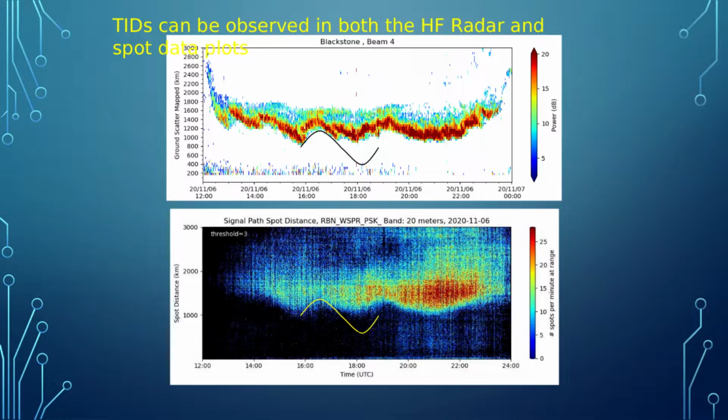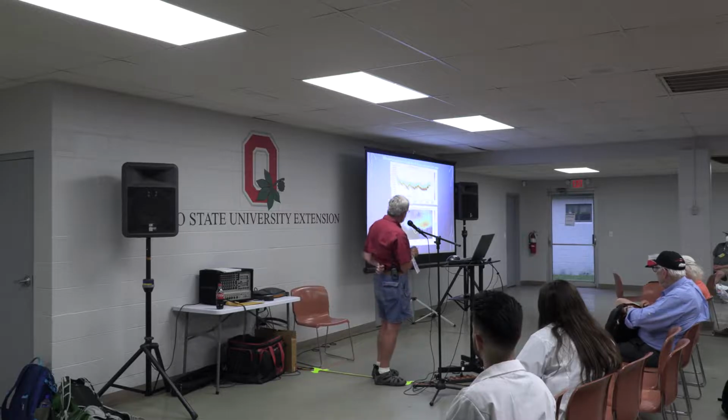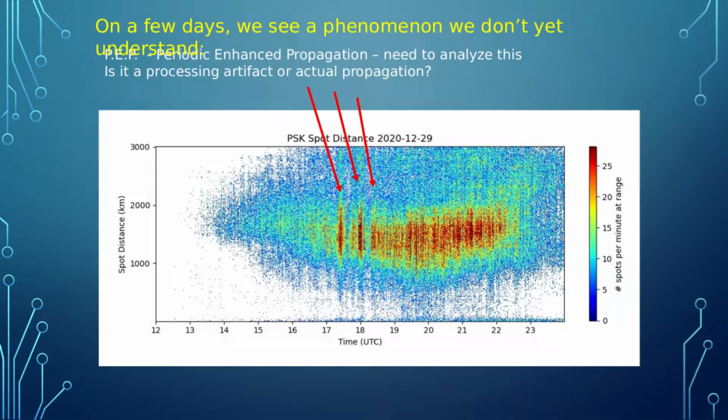So you can see where you have some sinusoidal looking components in this data, things that indicate the coming and going of propagation at that distance. There's also another phenomenon that we see from time to time, which we don't yet know what it is. Nathaniel coined this a PEP, a periodic enhanced propagation.